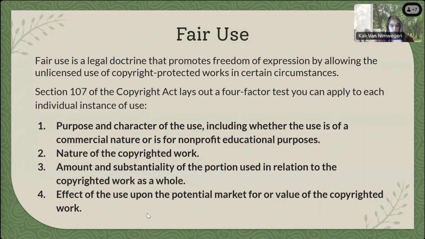But if you're using it for nonprofit educational purposes, it's an educational document, and you're not giving them the whole journal, you're just giving them one article out of the journal, then that would be considered more of a fair use argument than if you were saying, oh, here's this entire journal that I've photocopied and given to you. Does that make sense?